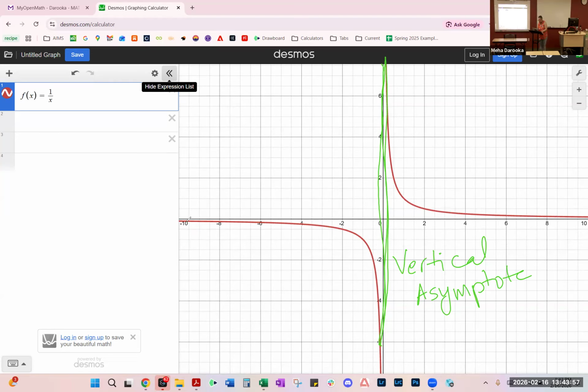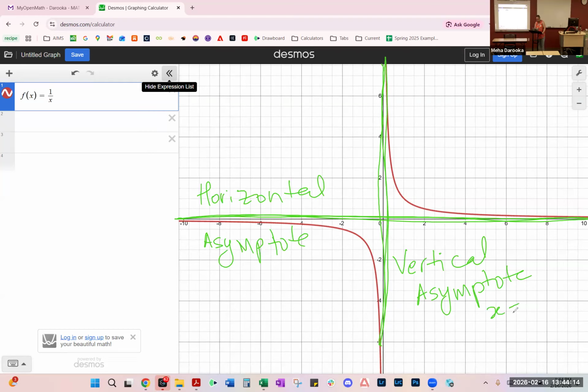This guy is going to be a horizontal asymptote, which is going to be at the line y equals 0. So you actually also have a horizontal asymptote in this reciprocal function. So vertical asymptote is the vertical line, x equals 0. Horizontal asymptote is the horizontal line, y equals 0.